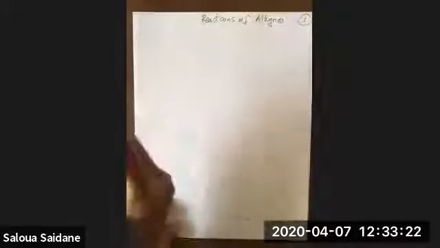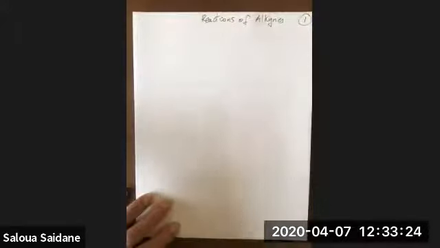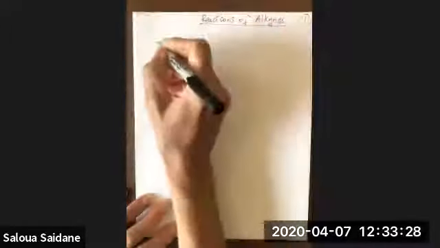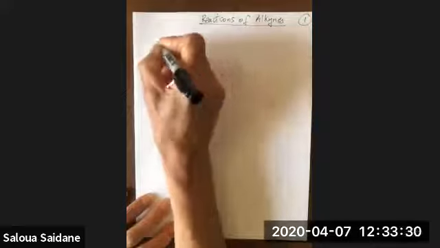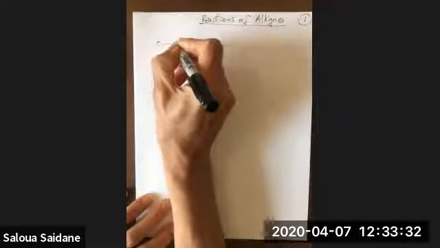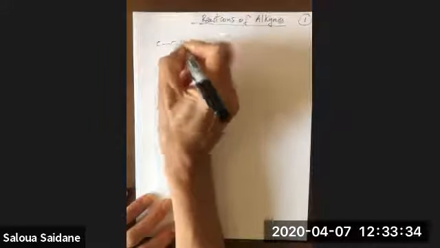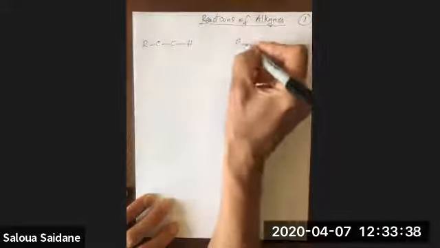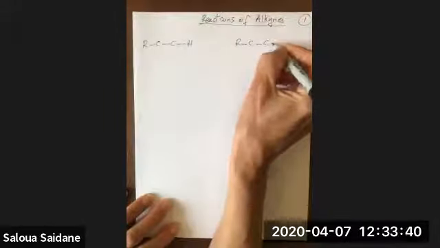Now, alkynes, as you know, have a very specific structure. So they have 2 pi bonds. So they're linear. You have this type of alkyne or this type.